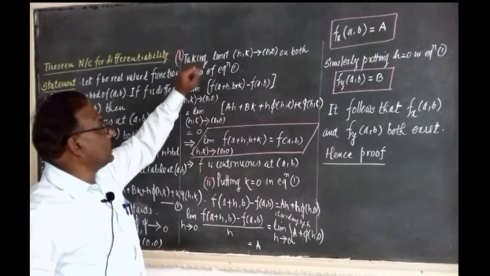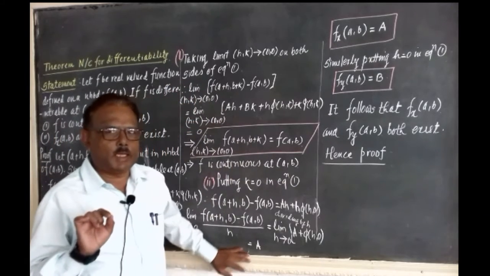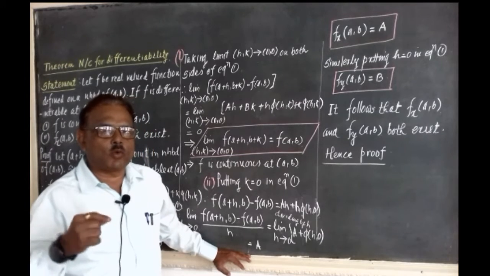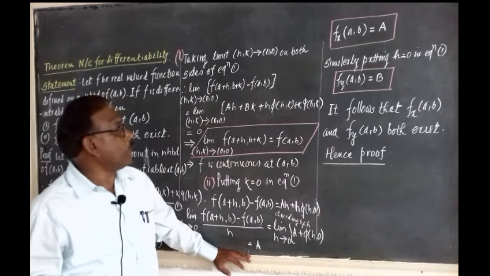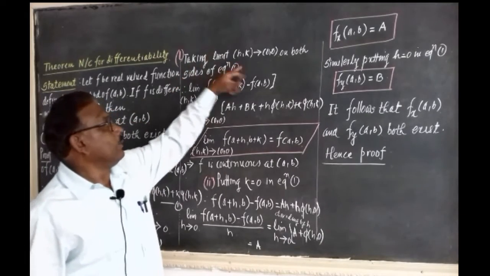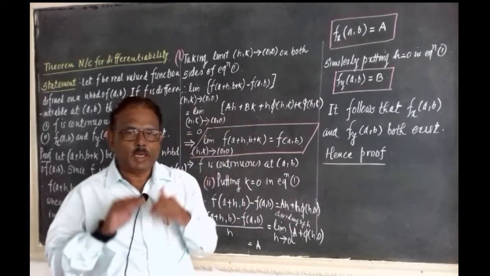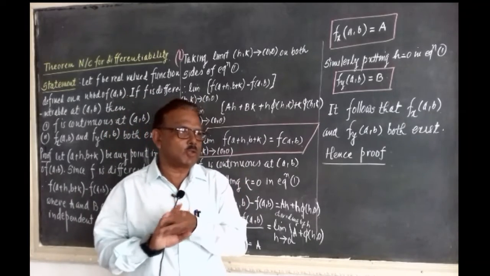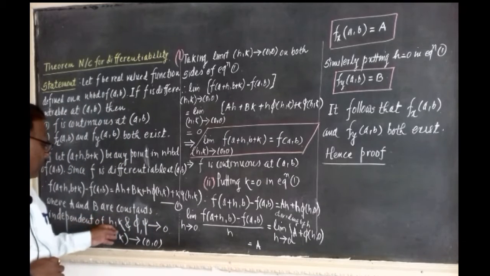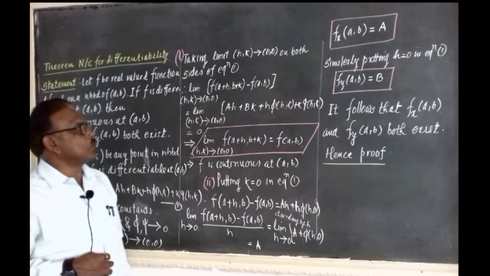After writing equation number 1, case number 1. In this case, we take k equal to 0 in equation number 1. What will happen? Taking the limit as (h, k) tends to (0, 0) in equation number 1, phi and psi tend to 0.